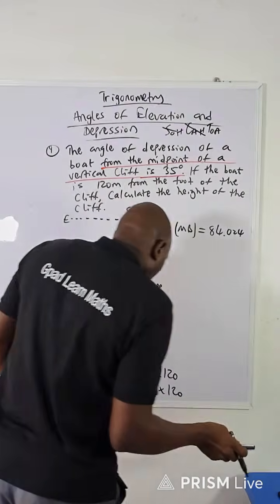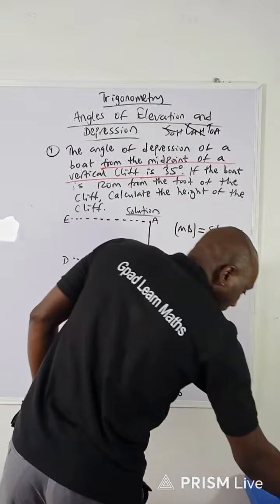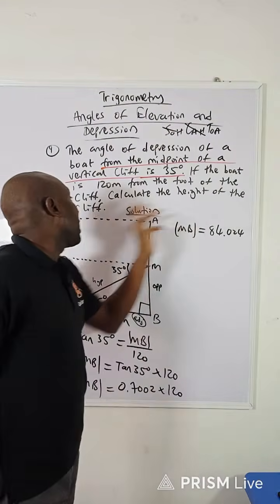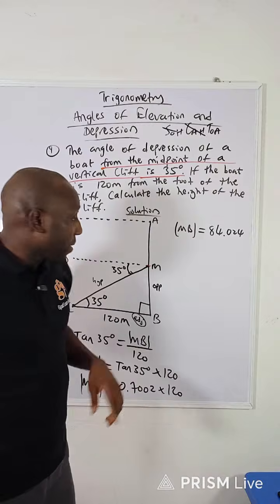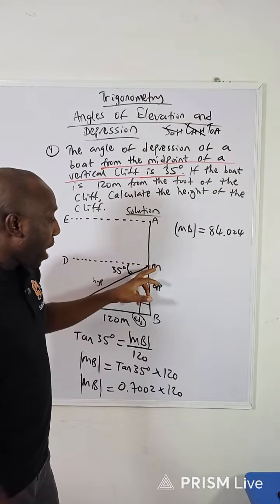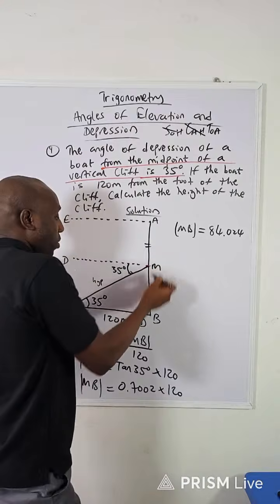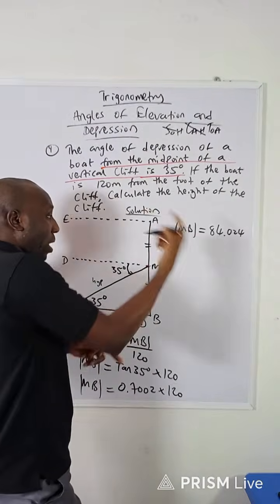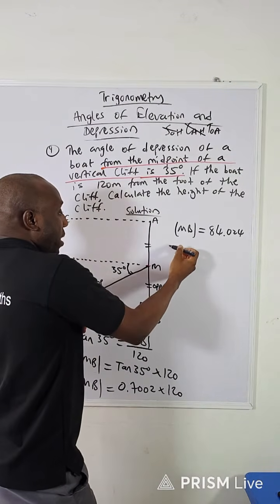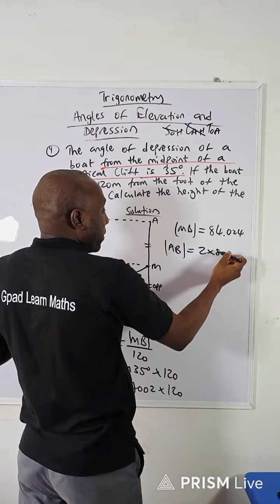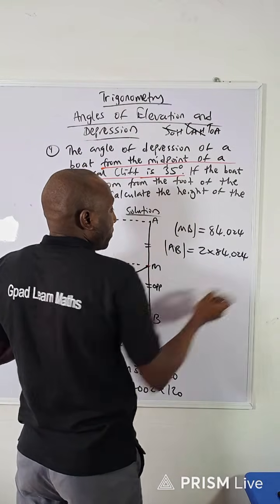But they told us to find the what? They said we should find the height of the cliff. So the height of the cliff is not just MB, it is what? AB. And this side is equal to this side. So we multiply by 2. So the height of the cliff, AB, will be equal to 2 times what? 84.024.